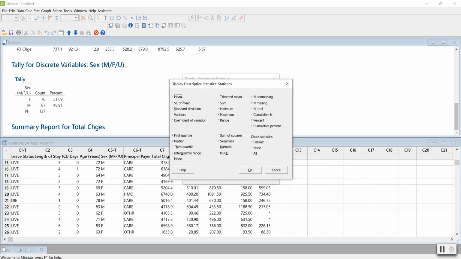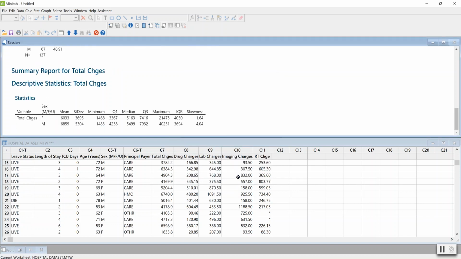Do I want just the mean, the median, and all of that? So I'm going to keep all of these as is, mean, standard deviation. I like the skewness too, so be sure to include the skewness, the median, and I'm going to click on OK and OK. So based on the skewness here, I can tell that this is 1.64 and this is 4.